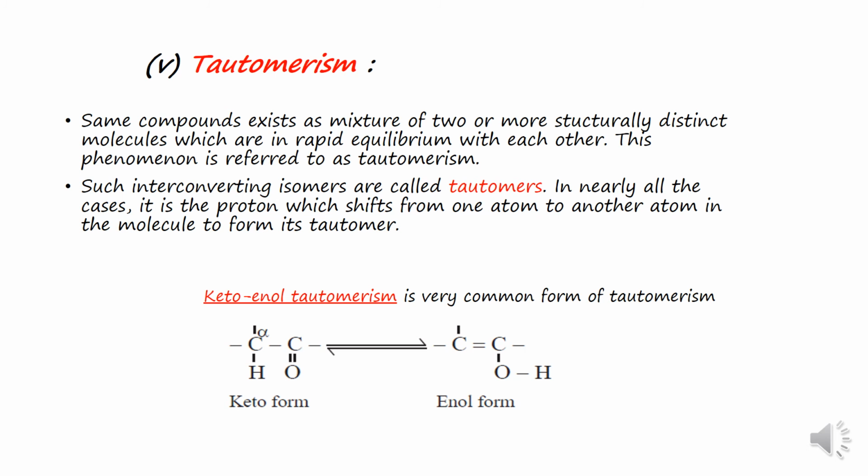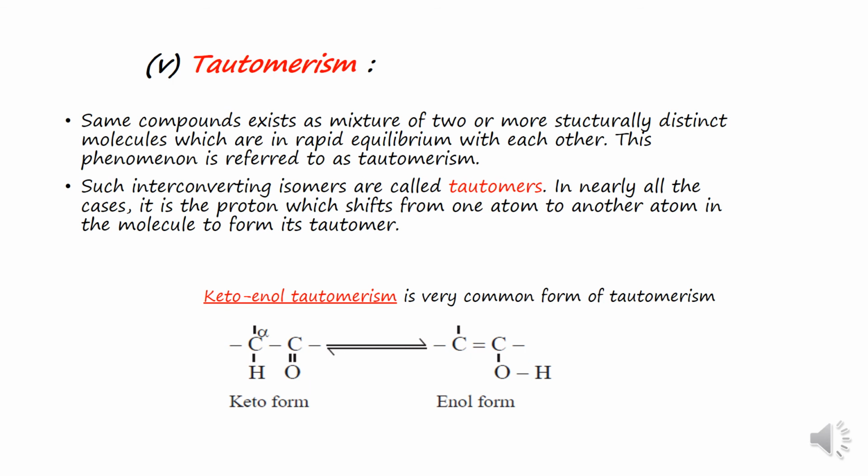For example, take keto-enol tautomerism. This is a ketonic compound where you are seeing one carbon atom bonded with an oxygen atom. Here it is bonded with this carbon atom which is bonded with one hydrogen atom, and when this hydrogen atom shifts to this oxygen atom, then this double bond will transform into a single bond, and the two carbon atoms will be bonded with a double covalent bond.